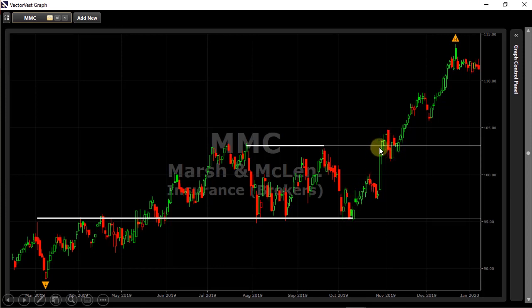Again, it's not a specific price necessarily, it's more so a zone. You could see where the hesitation occurred after the retracement off of that support level. The hesitation occurred at that resistance level once again. Eventually, buying pressure overcame selling pressure, and the stock busted through that resistance level only to move higher.